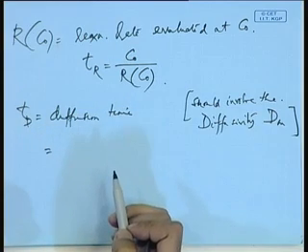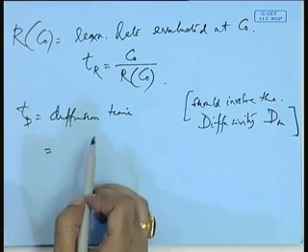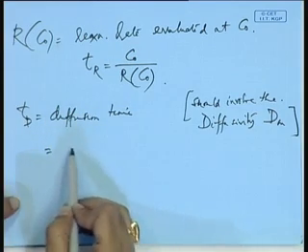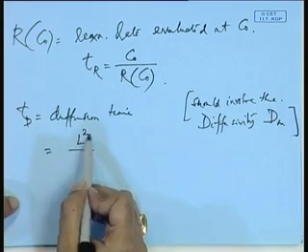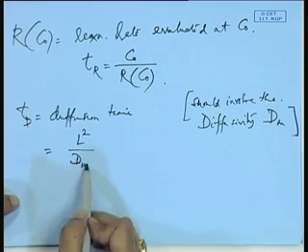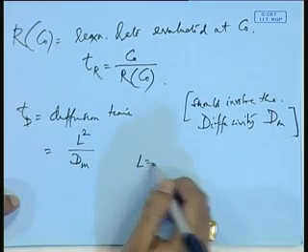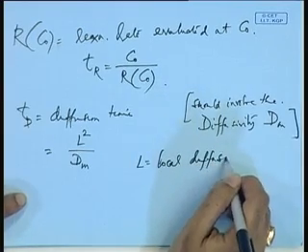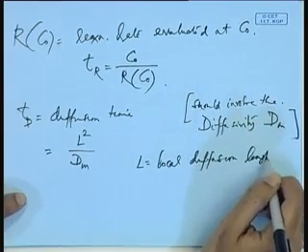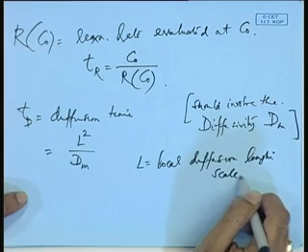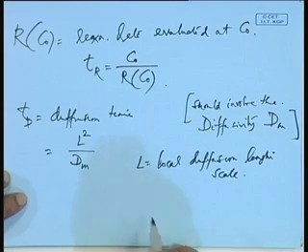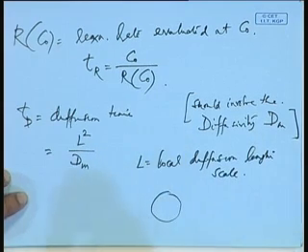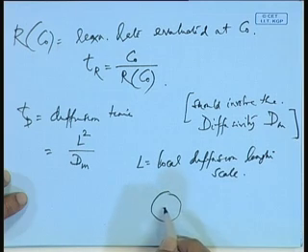L square, yeah, that's correct. L square by diffusivity. So, L square, let us say, by D_m. L being the local diffusion length scale. Okay. So, if you have a catalyst pellet, a spherical catalyst pellet, say L is the radius or the diameter, whichever.